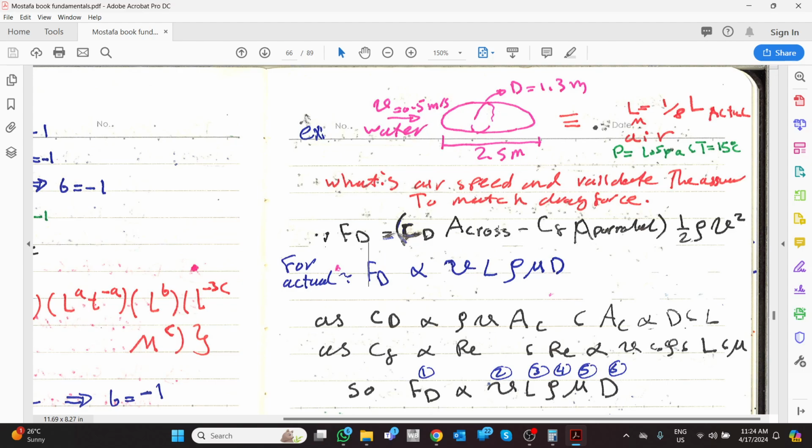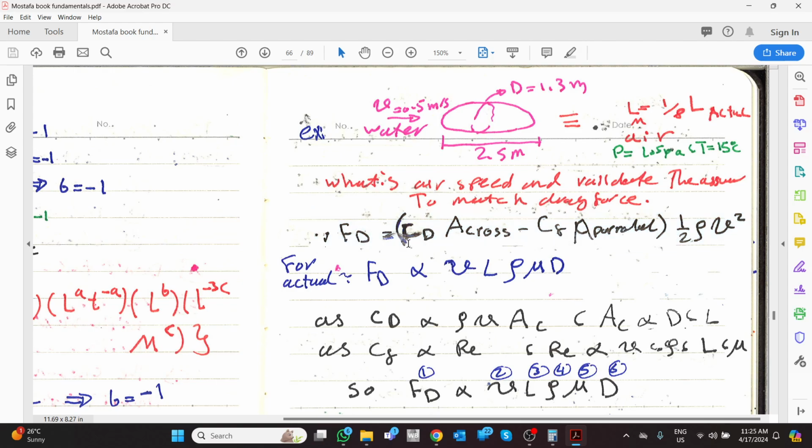I don't care how to calculate the parallel area, but I know there is an effect of L, an effect of D, the rho, and the velocity. Even if I don't know that equation, I don't care. When we write this equation, it is like a cheat sheet that tells us which parameters are going to affect.